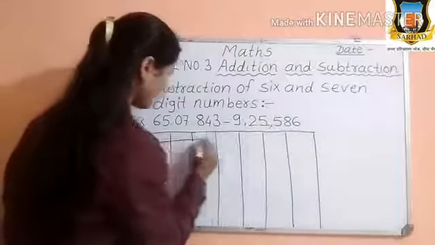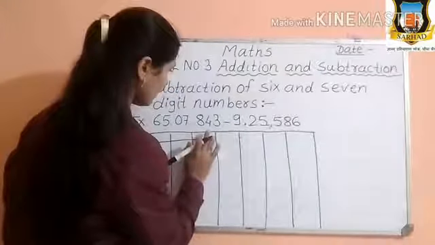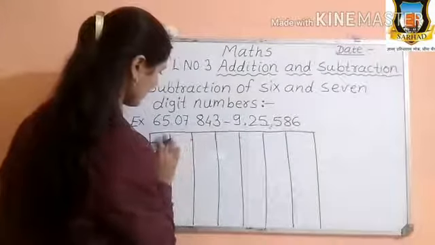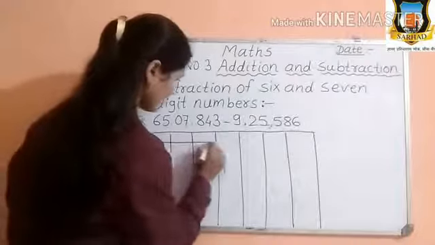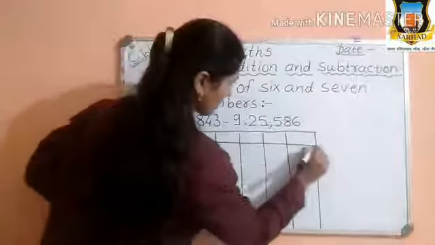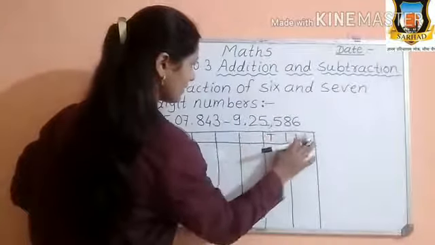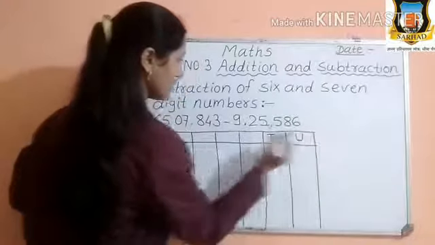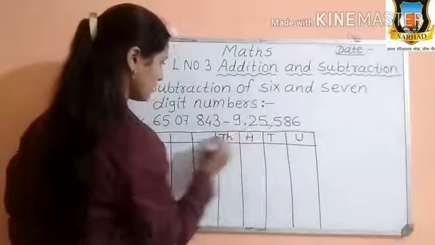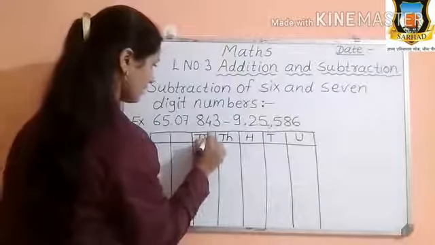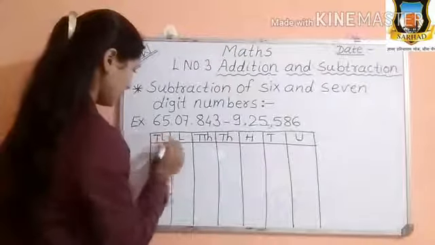Now we have to write the places here: unit place, tens place, hundreds place, thousands place, ten thousands place, lakh place, and ten lakh place.